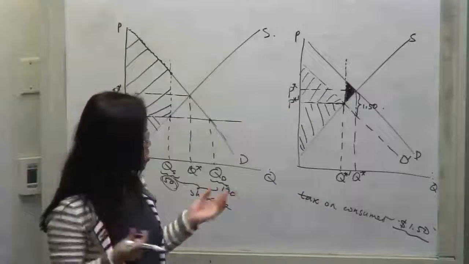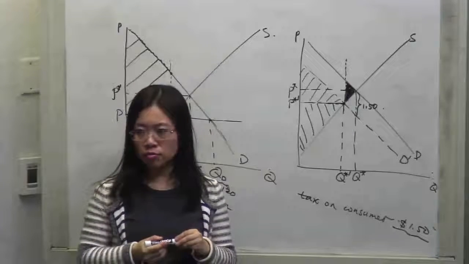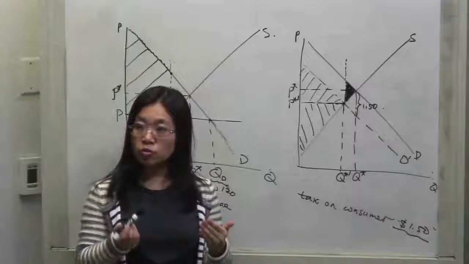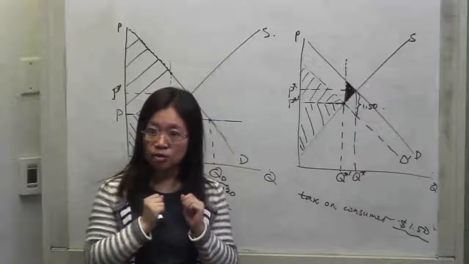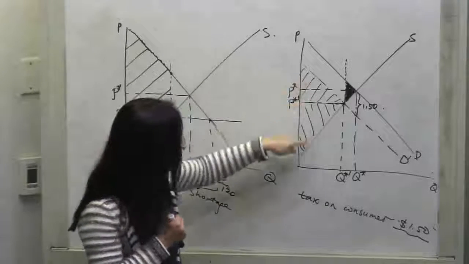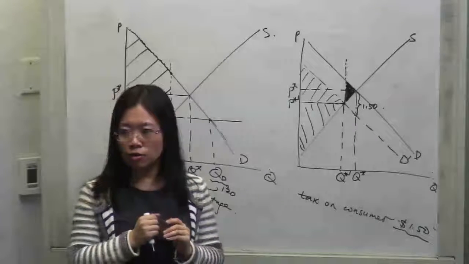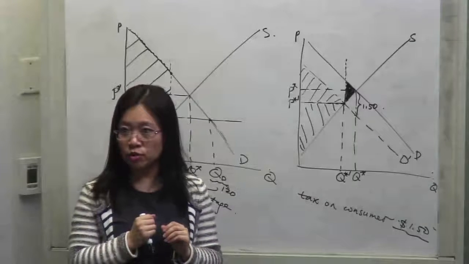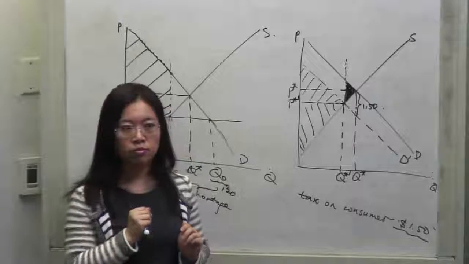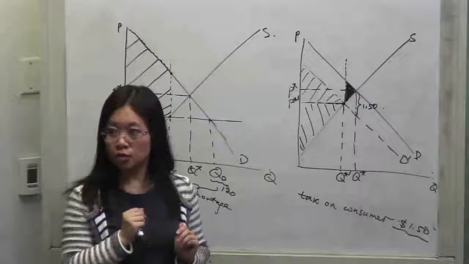But in this case, there's something else, because the government is going to collect some money from the consumer. So government's revenue is there. We want to know which area represents the government's revenue. So now you need to move one of these areas somewhere else to empty out the area that represents the government's revenue. Which area are you going to move? Consumer surplus.